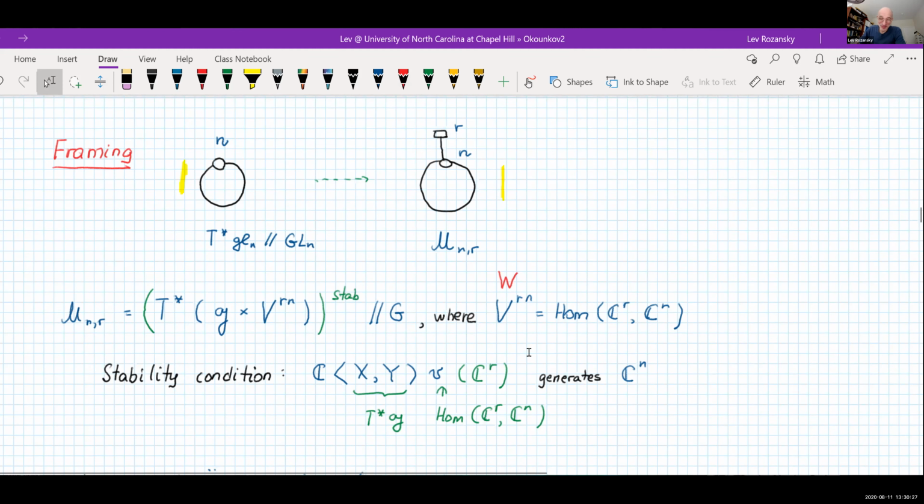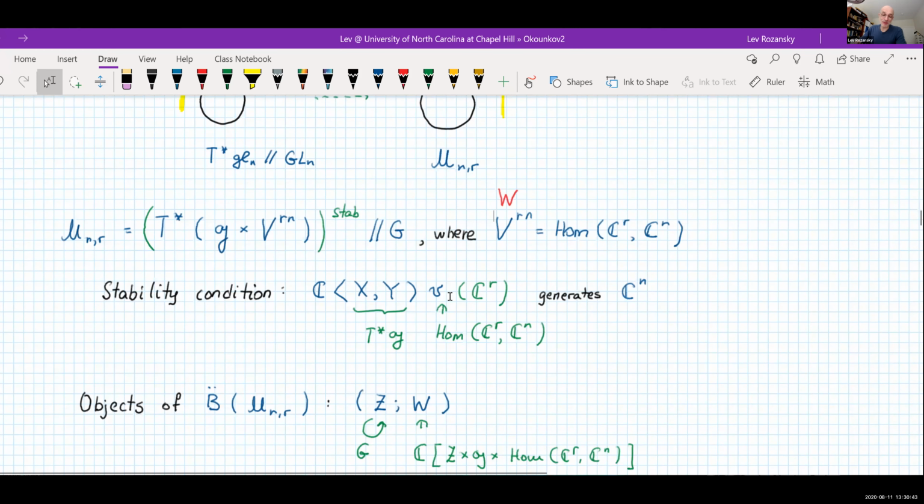Okay, sorry. So the tricky part is that you have to impose stability conditions before you take the symplectic quotient. Namely, you have to say, so V is an element from this home space.